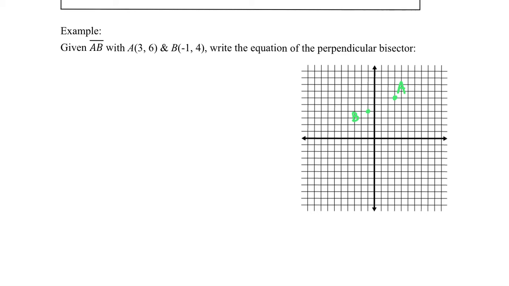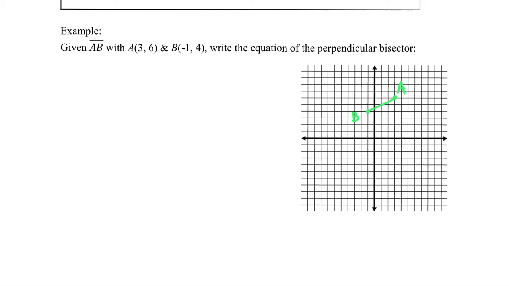And so there's a segment between these two, and we want to find the perpendicular bisector. Okay, so let's deal with the bisector part first. Remember, to write the equation of any line, and the perpendicular bisector is a line, we need a point and a slope. Well, the point is going to be the midpoint of this segment. Let's deal with that first.